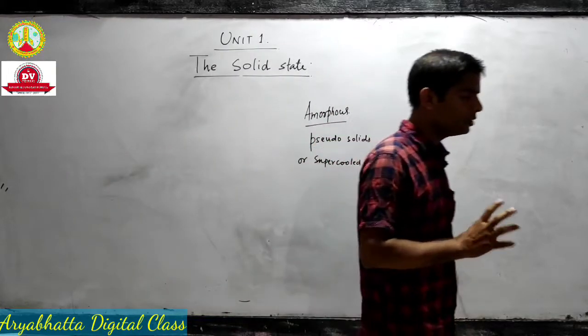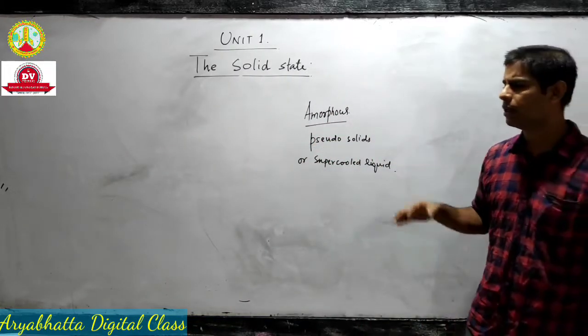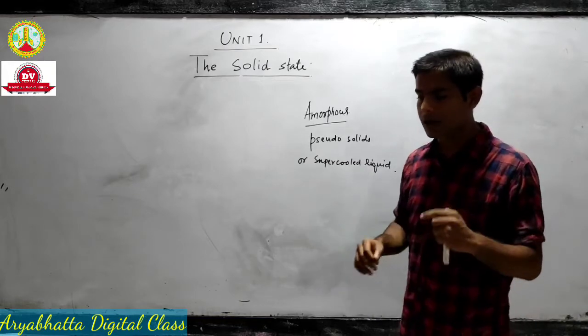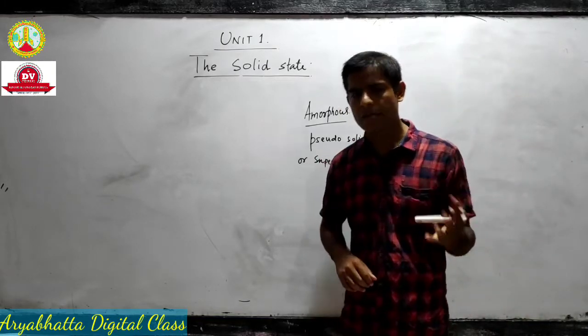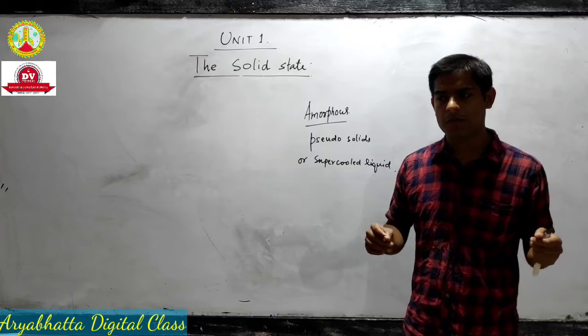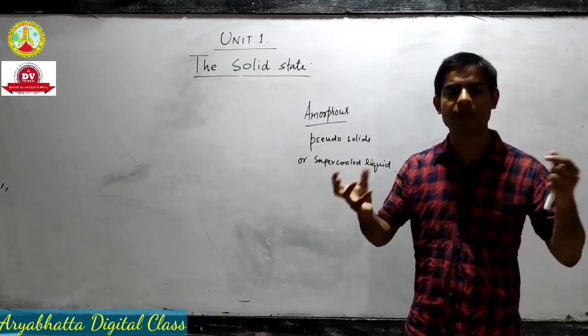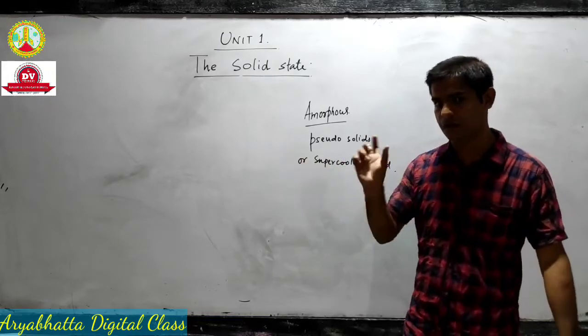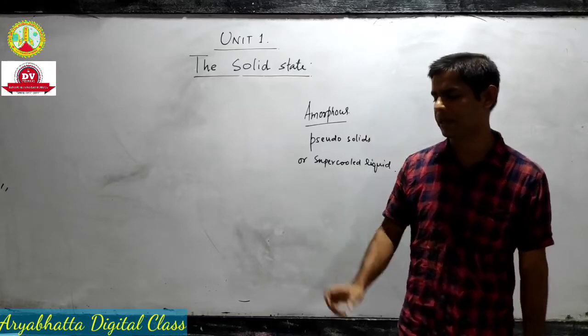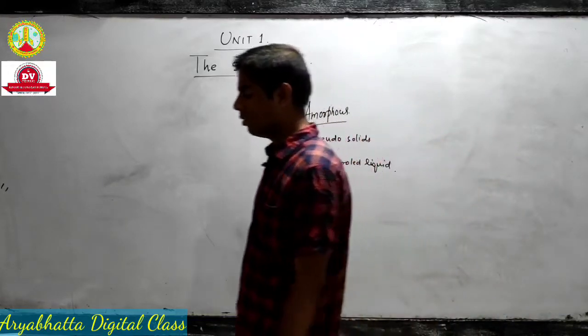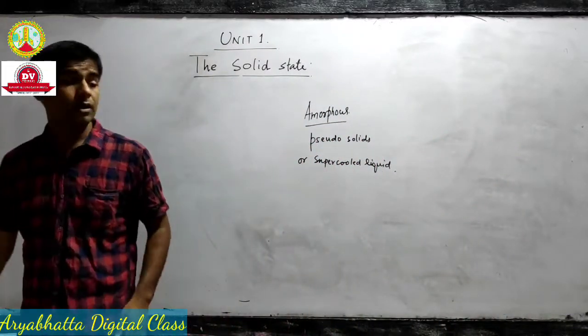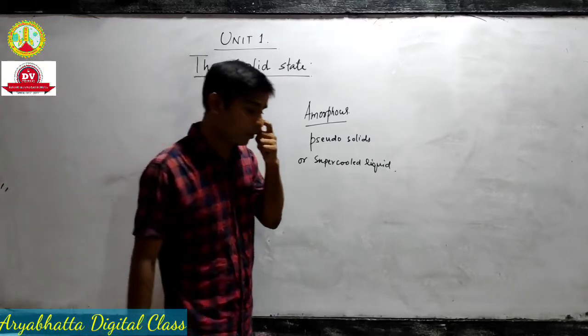Suppose glass. Glass is an amorphous solid. We know that we can mold glass into different shapes. It has a range of temperature and no sharp melting point, so we can mold it.